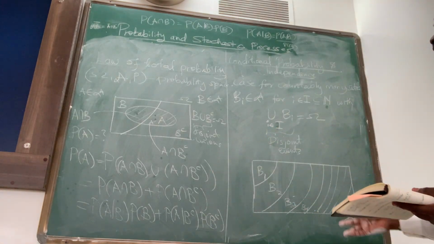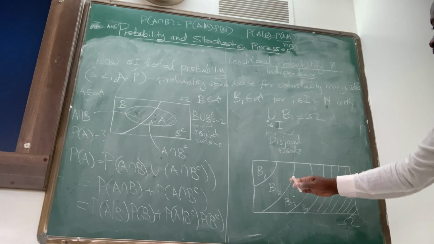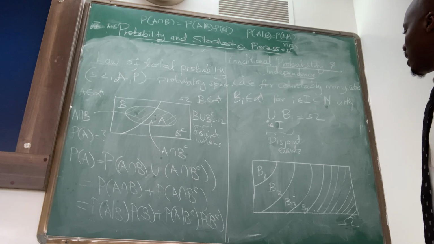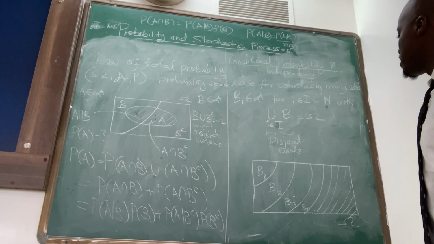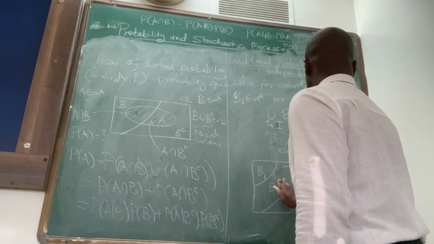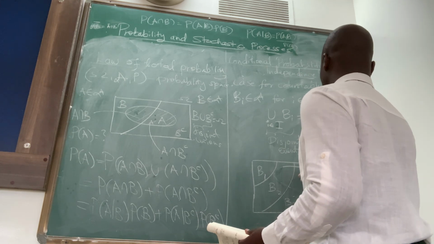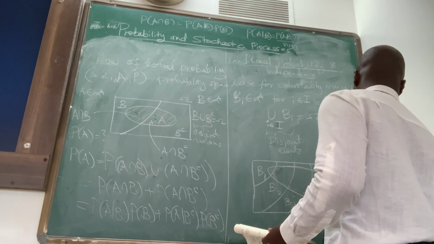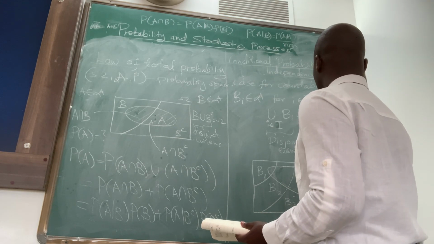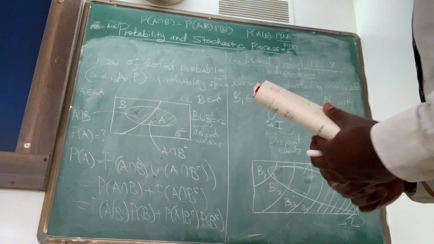So this is how we've divided our sample space into countably many sets. Then our A is still there. Let me assume A catches all of them. So that's my A. We are doing the same thing with that being A.